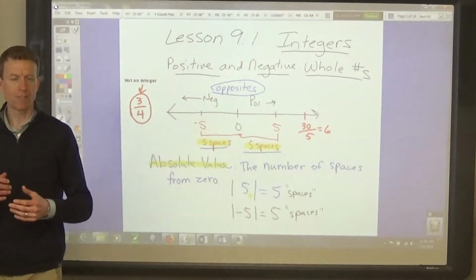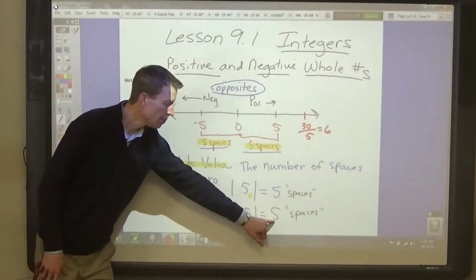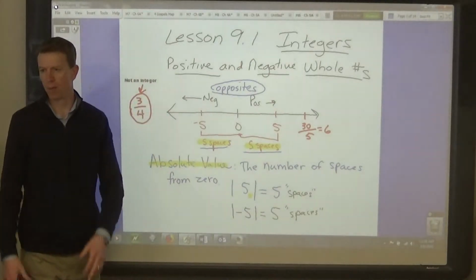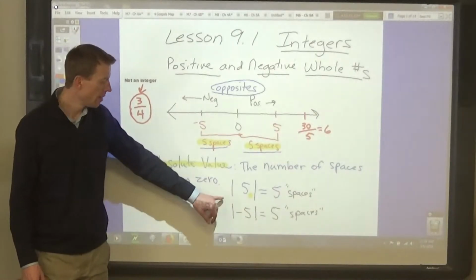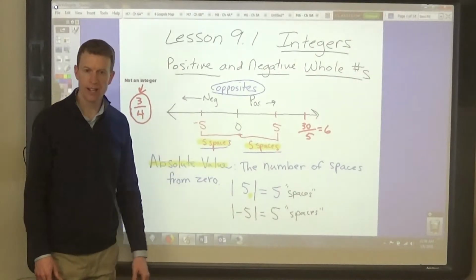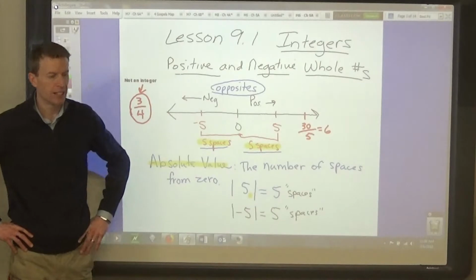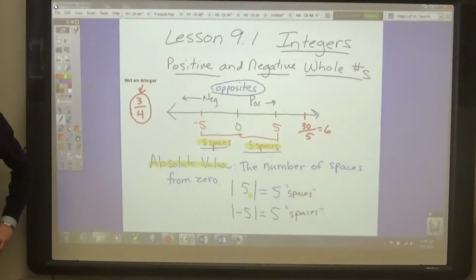And you don't have to say 5 spaces, because a lot of times you'll be using this number when you are doing a math problem. For example, you could add the absolute value of -5 plus 3. What would the answer be? Hillary?